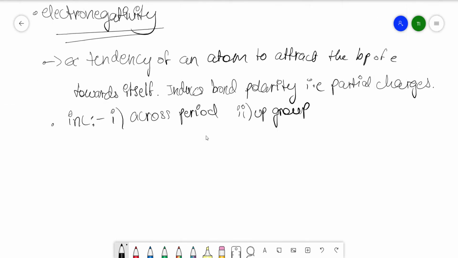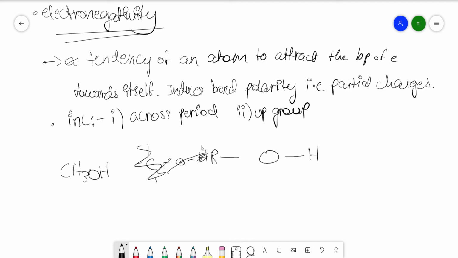And how does this exactly make sense? Let's just take a very simple organic molecule, methanol. CH3, assume that's H, O, and H, okay. Because O is more electronegative than H, and we don't have values, I'll just ignore this, so let's pretend that this is the only molecule for now. Because O is more electronegative than H, it pulls the bond pair of electrons, the one that holds this covalent bond together, towards itself.